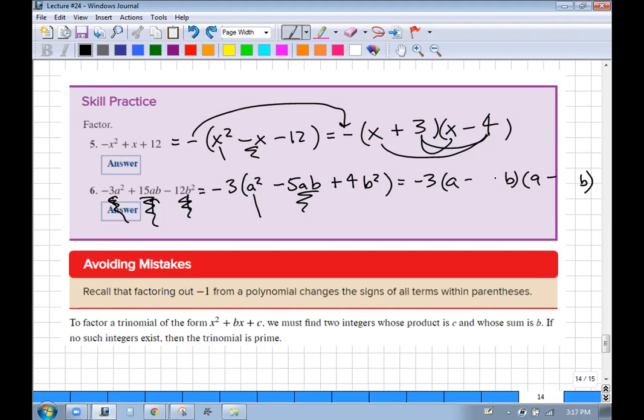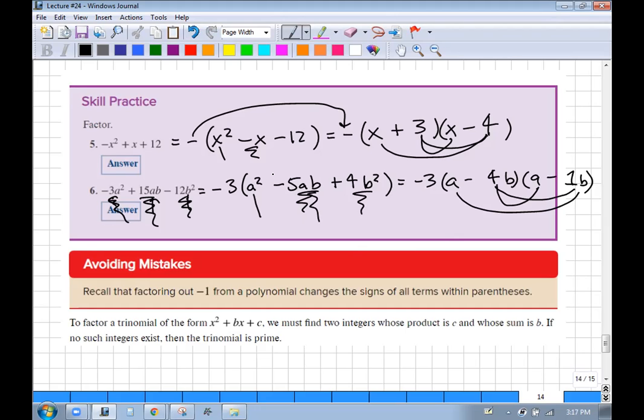So that would be -4 and -1, okay? That gives us our +4b squared. There's a -4ab and a -ab. So if we have -4ab and a -ab, that gives us our -5ab, okay?